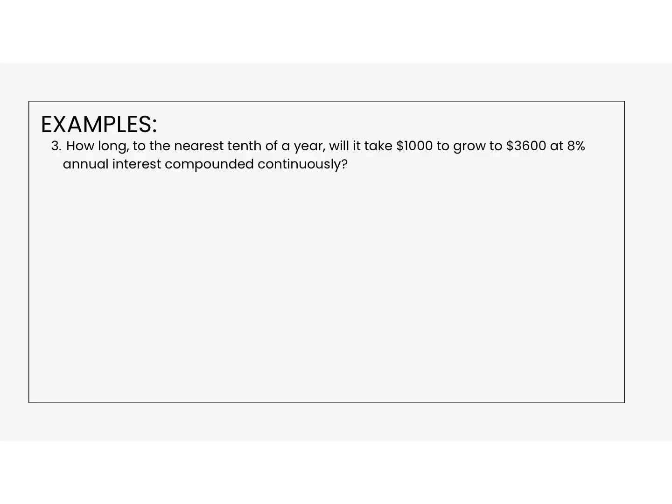How long to the nearest tenth of a year will it take $1,000 to grow to $3,600 at 8% annual interest compounded continuously? All right, so A equals Pe to the rt, because we have the compounded continuously in there. I'm starting with 1,000, so that's my principal.